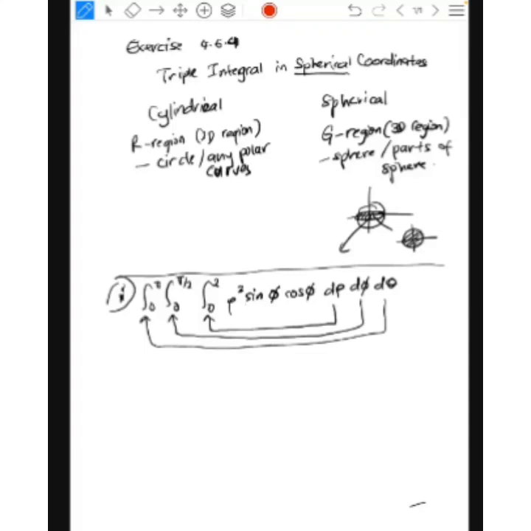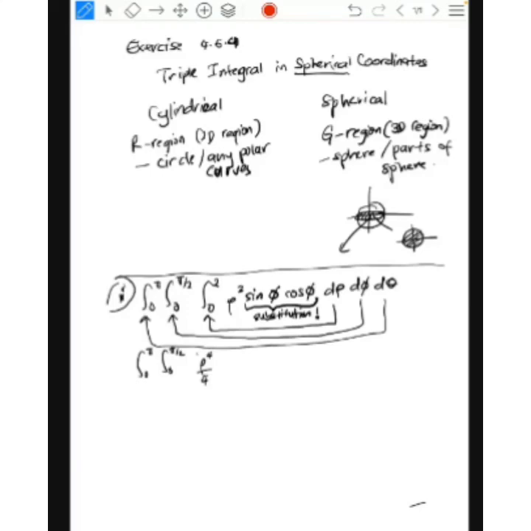For this one, both are phi, so we have to use substitution. We solve for rho first. We will have rho to the power of 4 over 4.